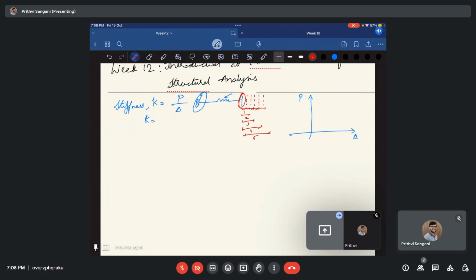If you plot that, for 1 mm you have a force like this, for 2 mm something like this, for 3 mm your force is here, and so on. Then you draw a line like this, and find the slope of this line.